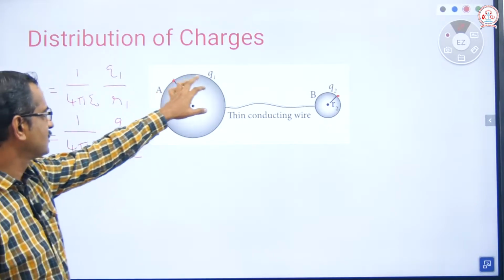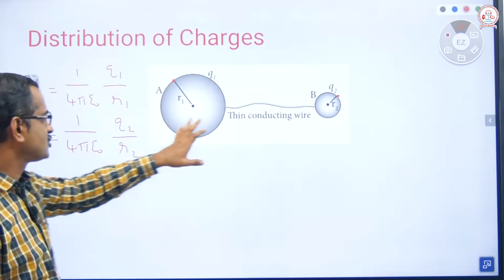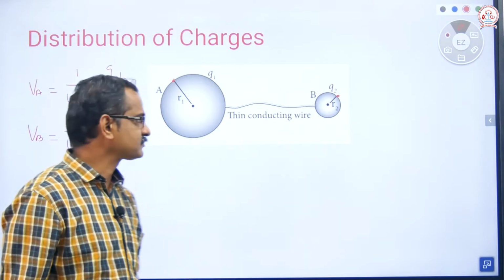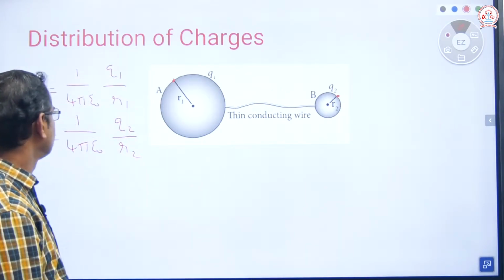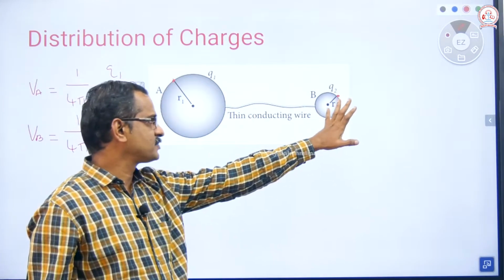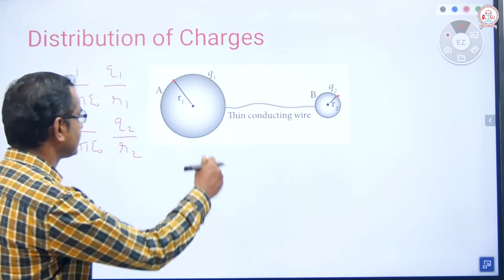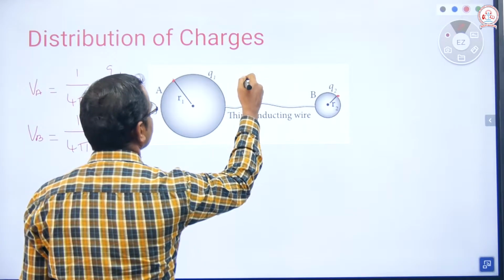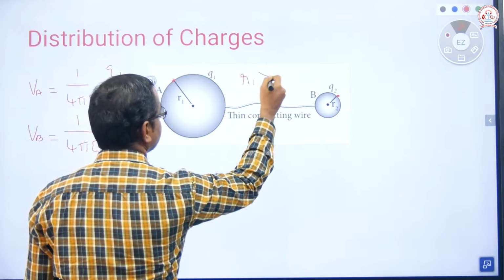Q1 is the charge on the metallic sphere A, Q2 is the charge on the metallic sphere B with the smaller radius R2. R1 is the radius of sphere A, R2 is the radius of sphere B. It is very clear from here that R1 is greater than R2.